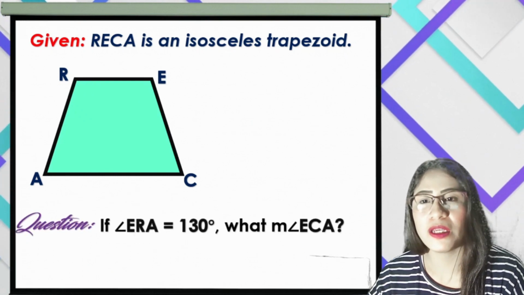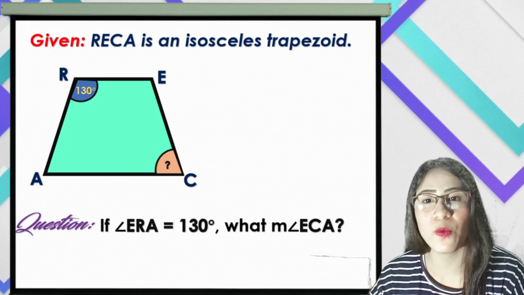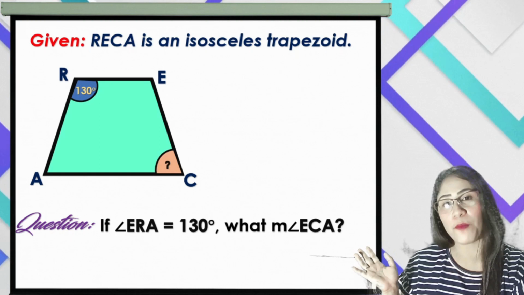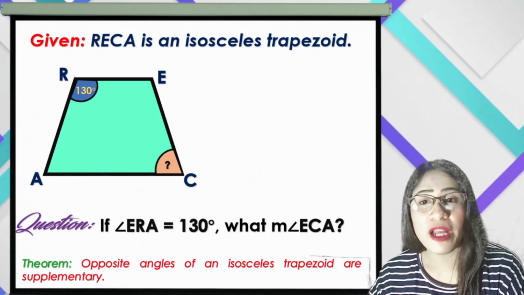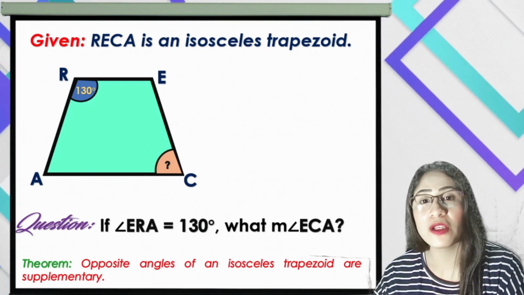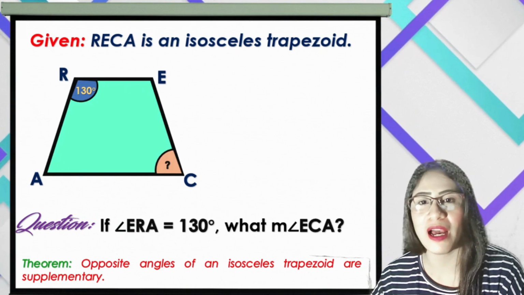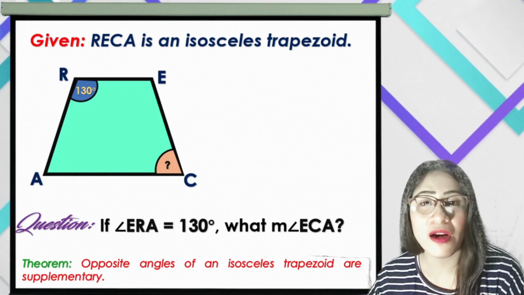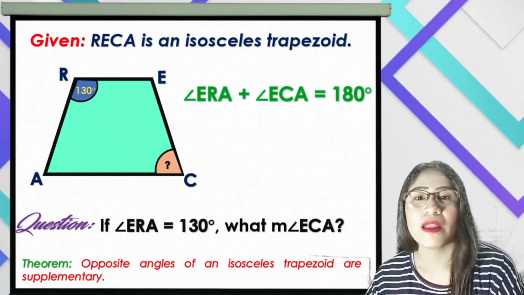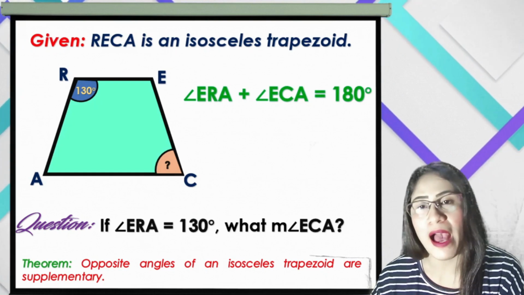Another question, if angle ERA is 130 degrees, what is the measurement of angle ECA? In this example, the theorem involved is opposite angles of an isosceles trapezoid are supplementary. So si angle ERA and angle ECA are opposite angles. So therefore, pag inadd natin sila, 180 degrees pag inadd natin yung measurement nila.